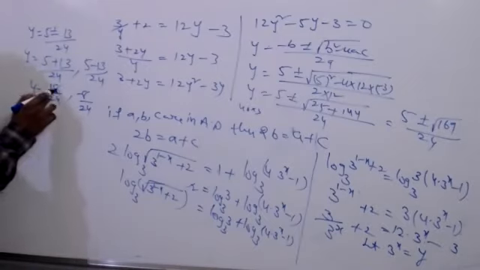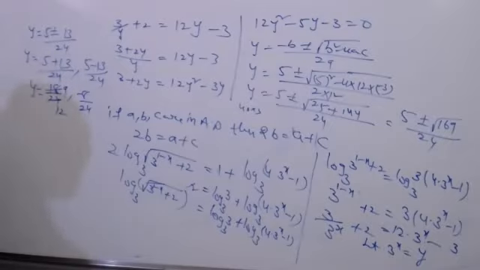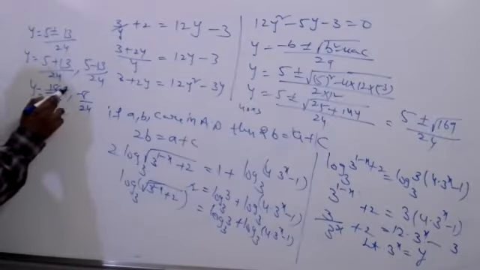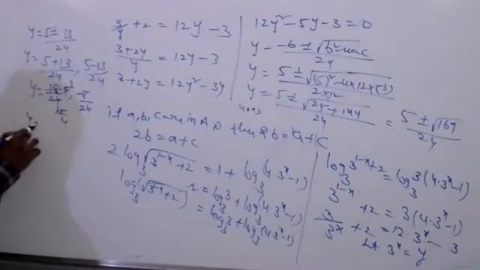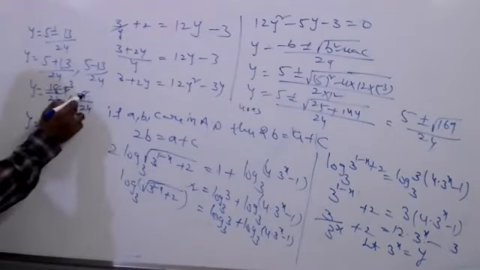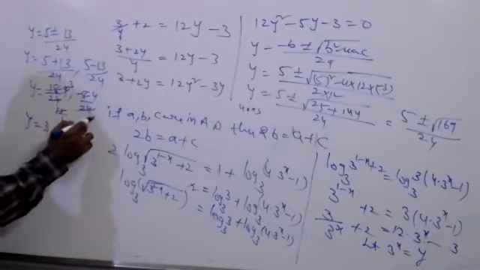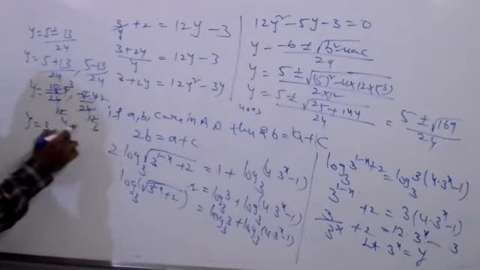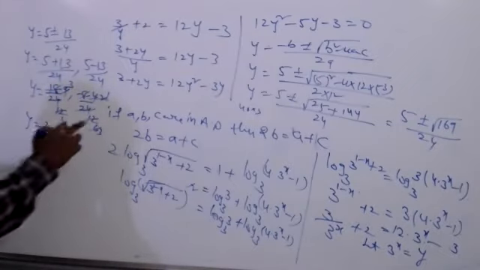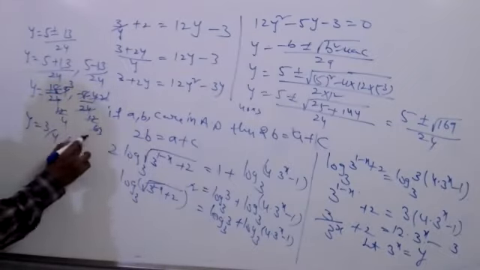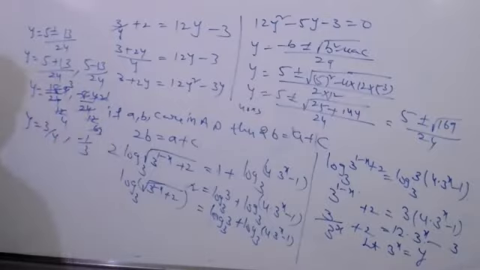Now y is equal to 3 by 4 comma minus 1 upon 3.